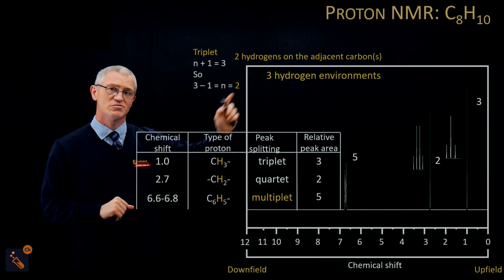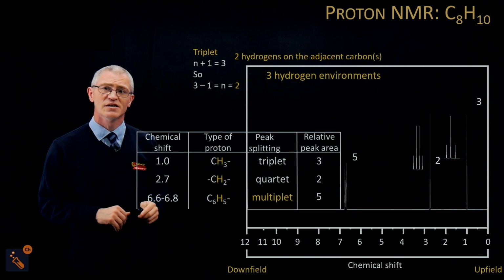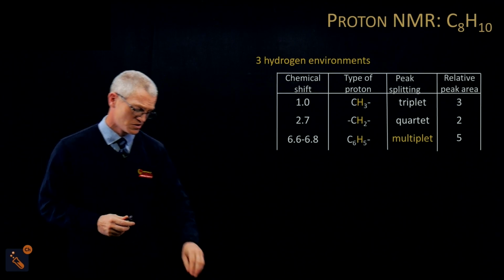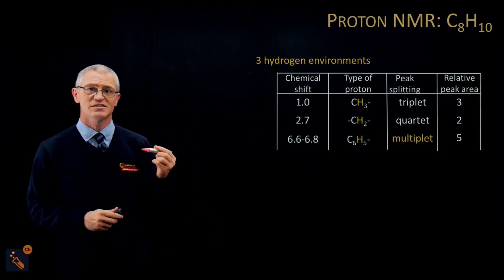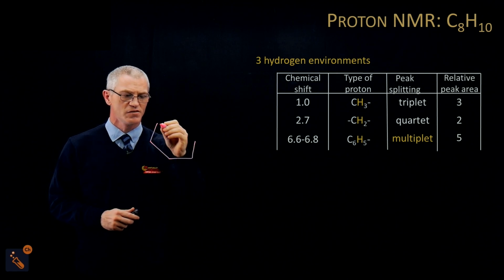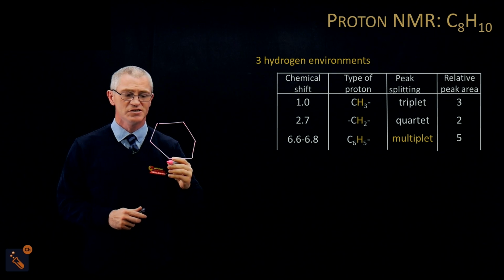Now, just to finish off, there's 3 hydrogen environments, and then we will start to draw our molecule. So we know we've got a C6H5, so let's draw that. Okay, there is your benzene.